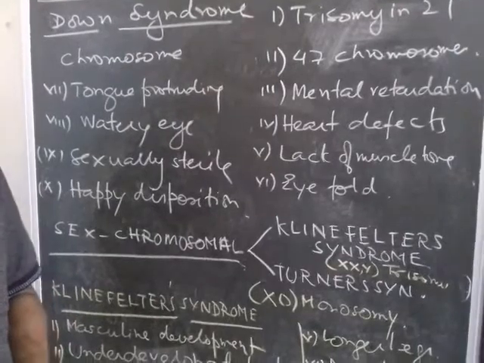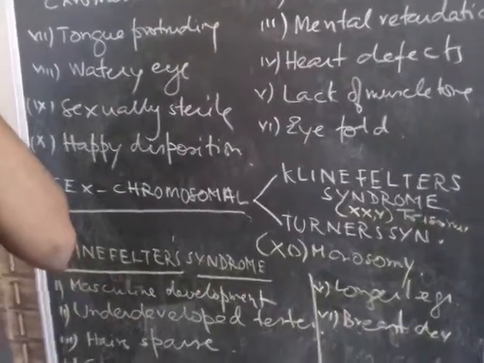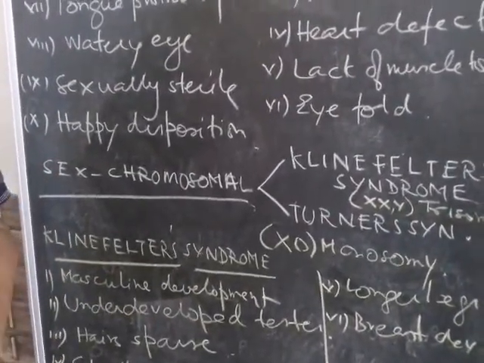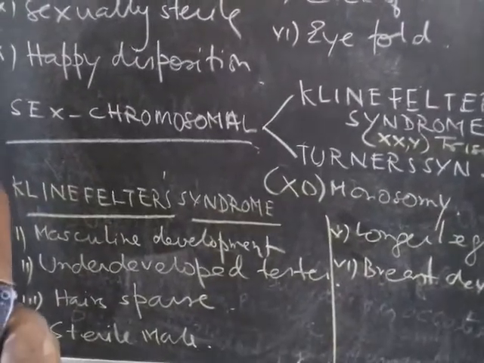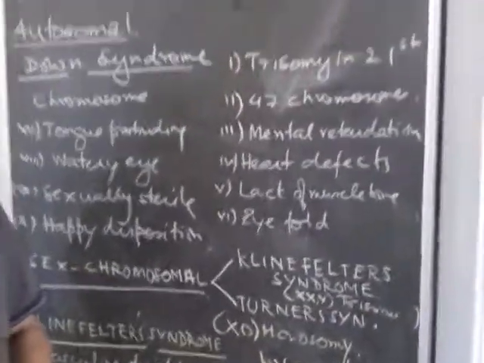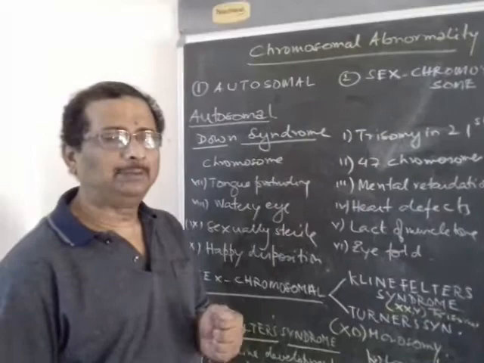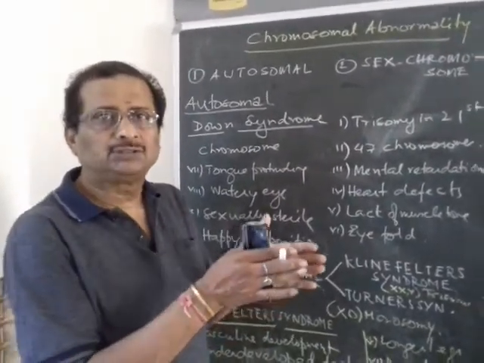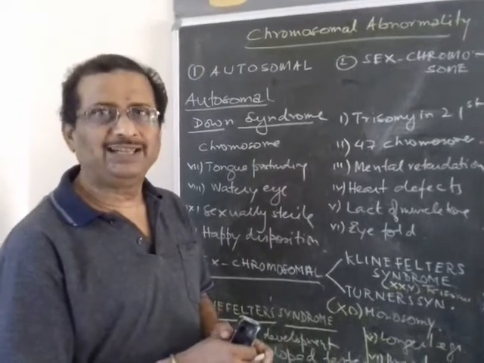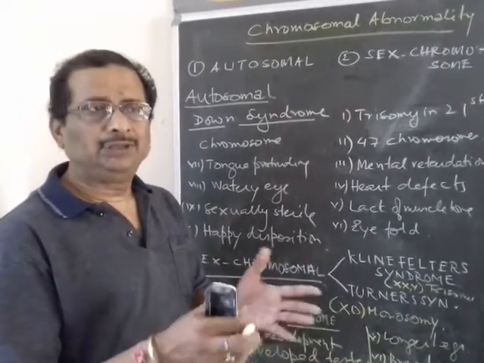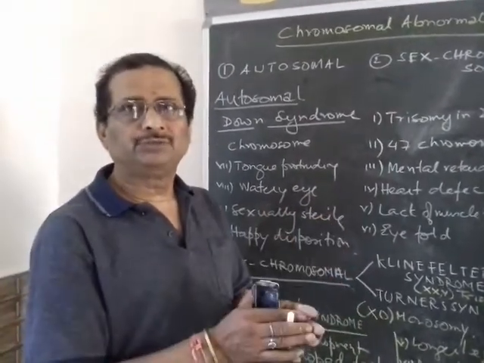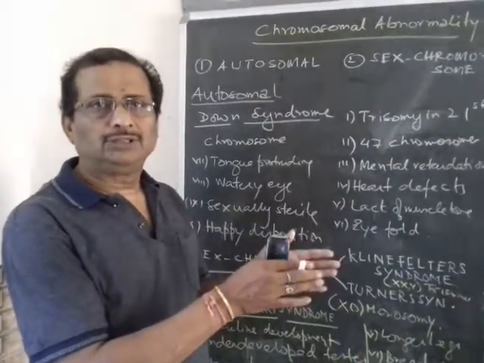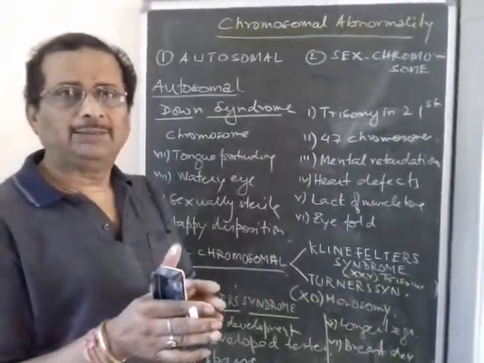You know, during meiosis, when the chromosomes are separating, sometimes they do not separate the way they should. For example, when meiosis is taking place, if the autosomes do not divide the way they should, usually you know that there are 44 autosomes and 22 go in one gamete and 22 in the other gamete.